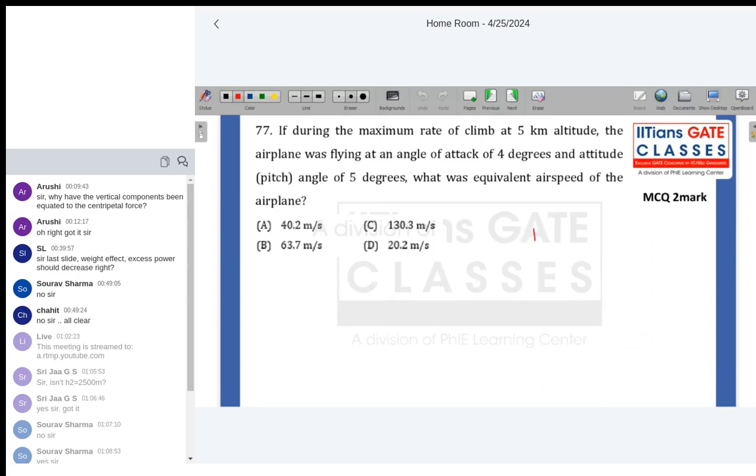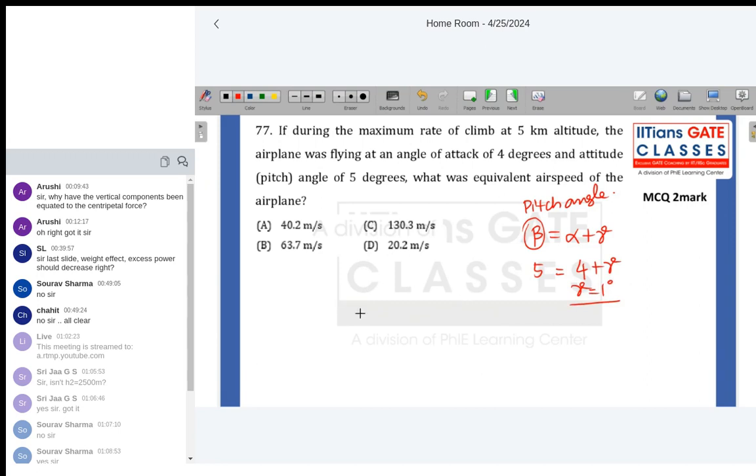Pitch angle is written as beta, which is alpha plus gamma, where alpha is the angle of attack, gamma is the climb angle, and beta is the pitch angle or attitude angle. The attitude angle is given as 5 degree and the angle of attack as 4 degree, so gamma, the climb angle, is equal to 1 degree.